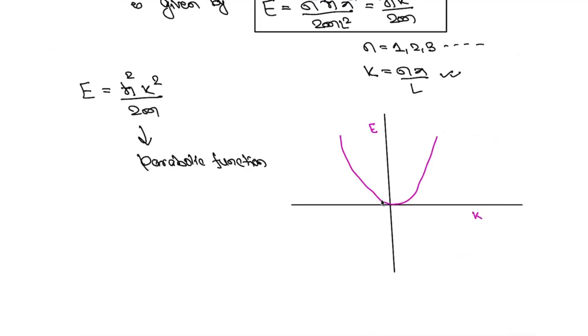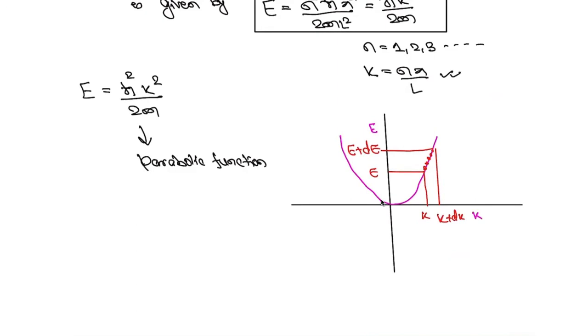Now let me tell you, this is K and let's say this is K plus dk, and this K corresponds to E and this K plus dk corresponds to E plus dE, that is what it will be, right? And between them there will be different states, right?